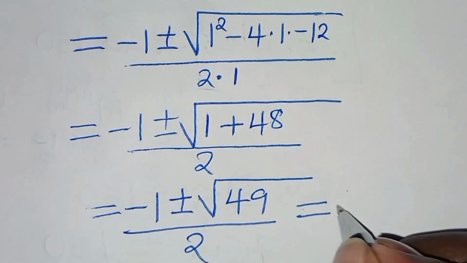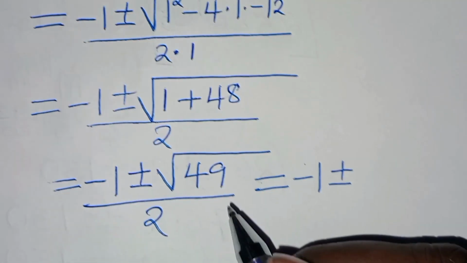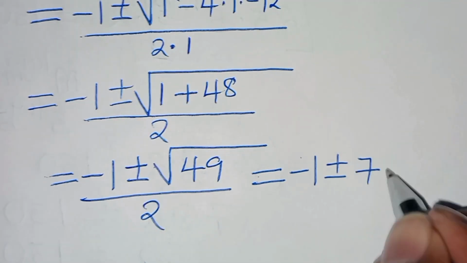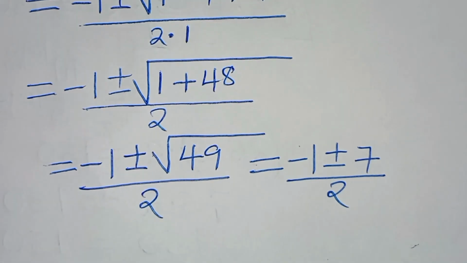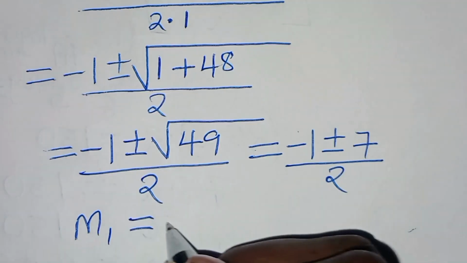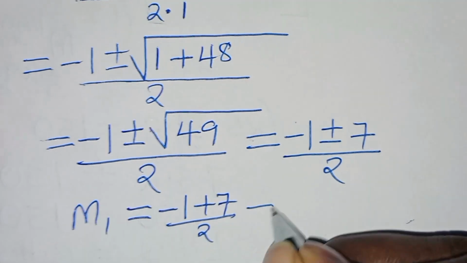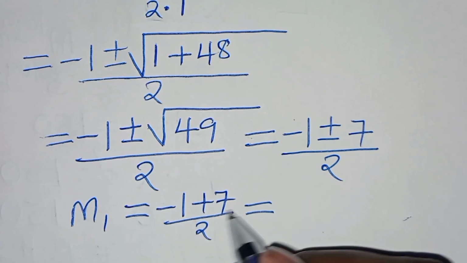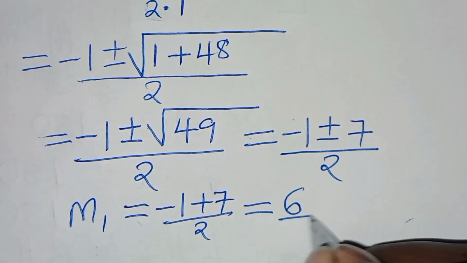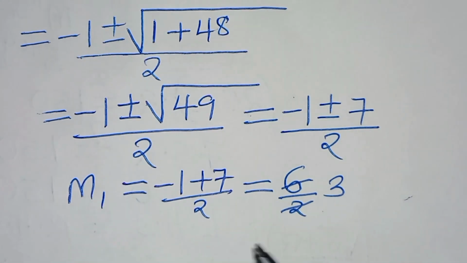So this implies minus 1 plus or minus the square root of 49, which is 7, divided by 2. So therefore m1 is equal to minus 1 plus 7 divided by 2. So minus 1 plus 7 is 6 over 2, and if you simplify, this is equal to 3.